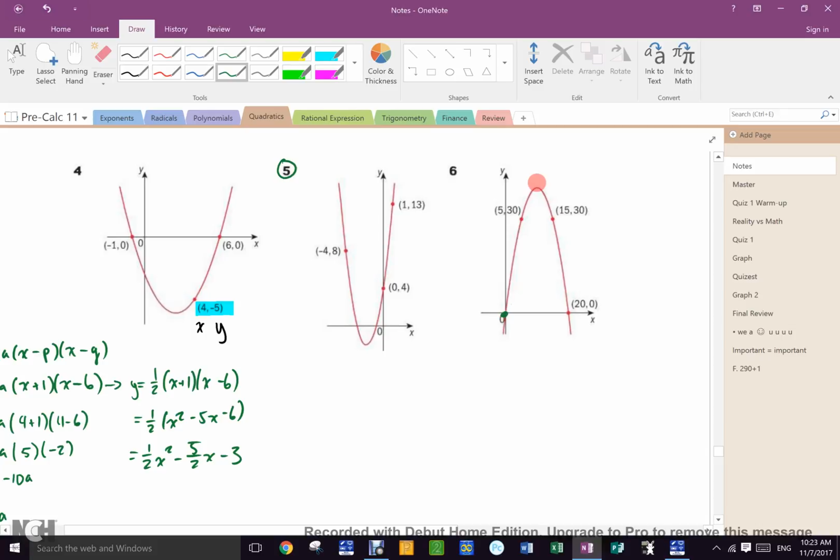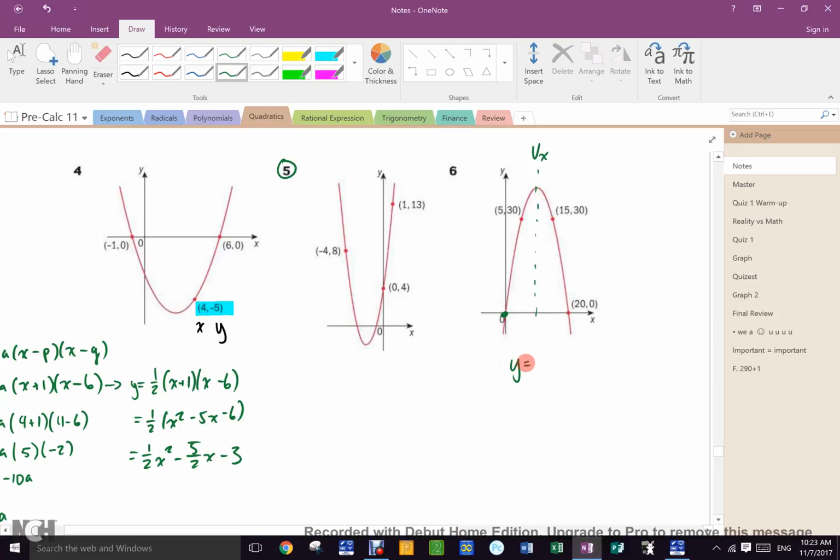But I also know the Vx, don't I? Because it's halfway between any 2 points, right? So I got lots of information for this question, right? Just depends on what you want to do. I would go with the roots, because I like that one.